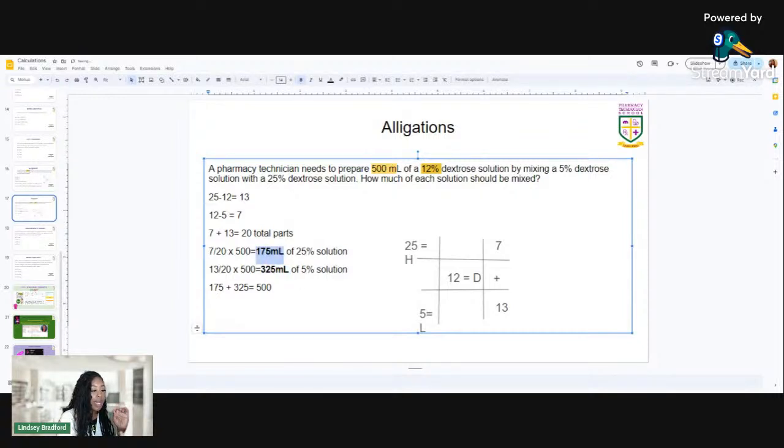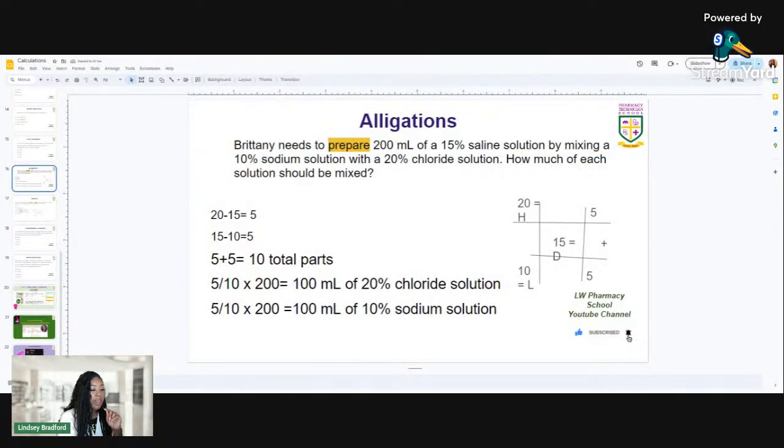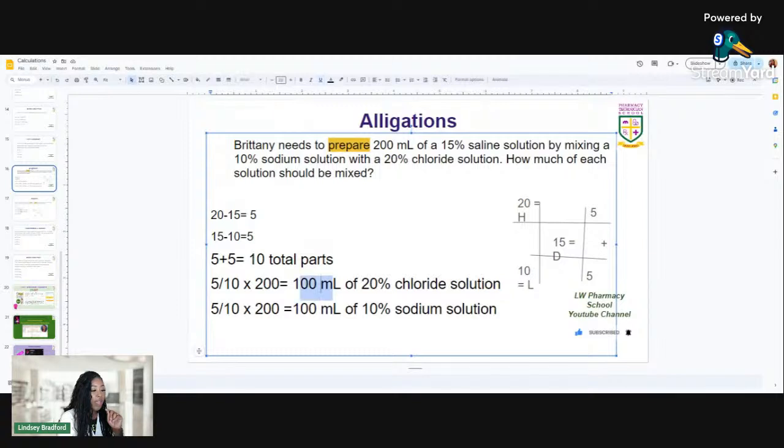If they do not equal 500, you know you have done something wrong. And I'm going to show you here. These answers both equal 200. If they don't equal 200, ooh, something ain't right about it, okay?